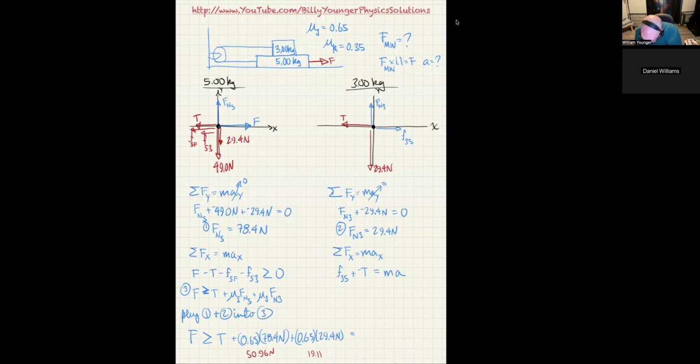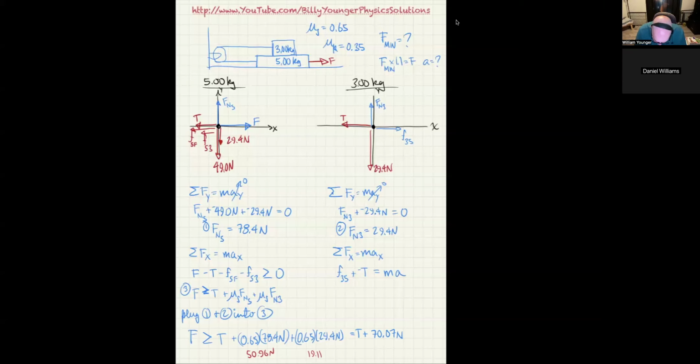So if I add 19.11 plus 50.96, I get 70.07, excuse me. So what I'm going to get is T plus 70.07 newtons. So F has got to be T plus that.